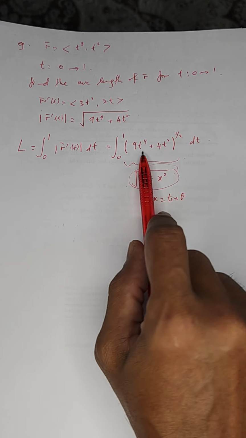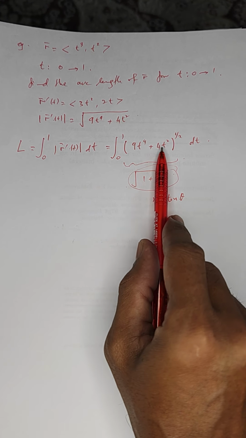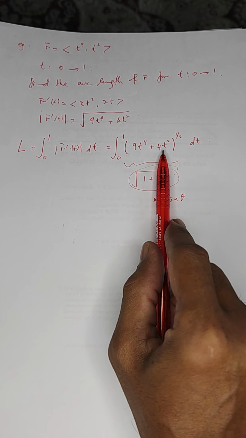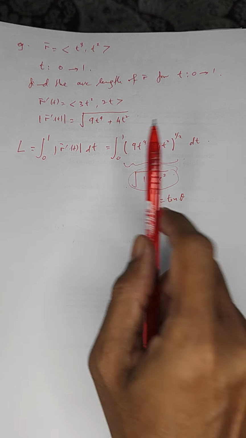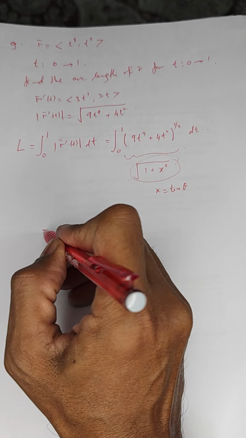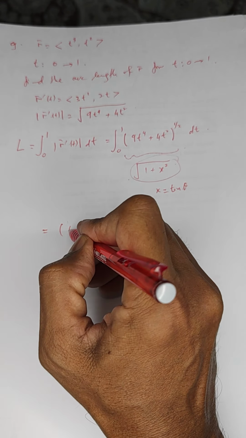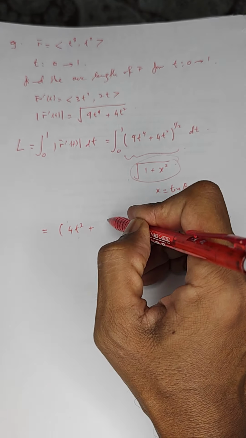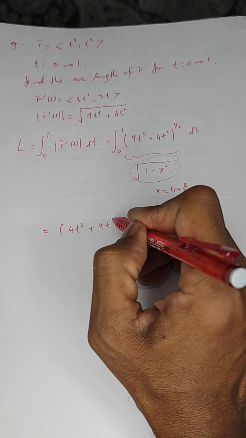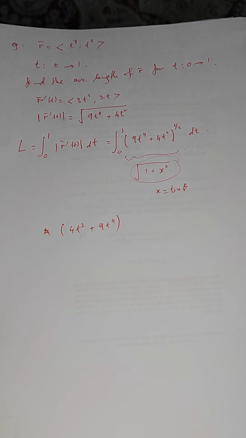How can we make those terms into that? First thing, if you look at this, you can factor out 4. Just look at inside there. We have 4t squared plus 9t to the 4.